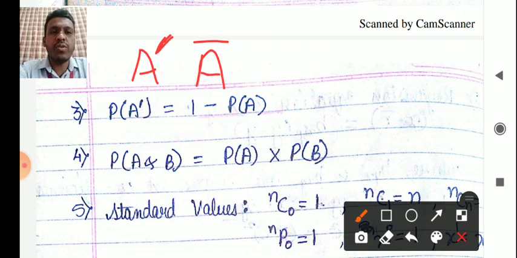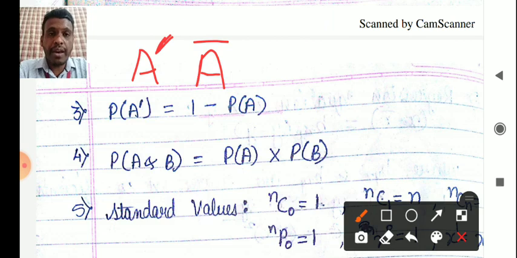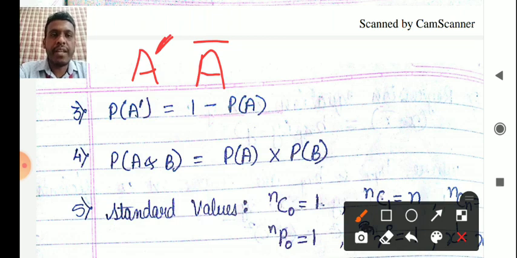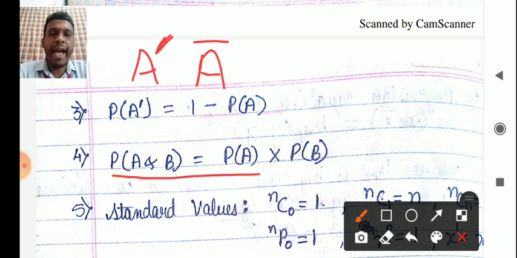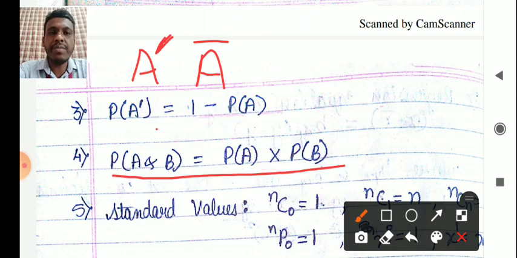So A dash is equal to 1 minus probability of A, that is probability of an event A not happening. Probability of an event A not happening is represented as P of A dash. It is equal to 1 minus probability of event A happening, that is probability of A. The fourth one, that is probability of A and B. As I've said, and means multiplication.